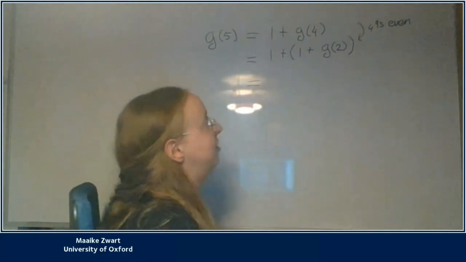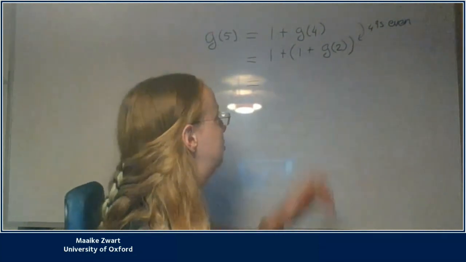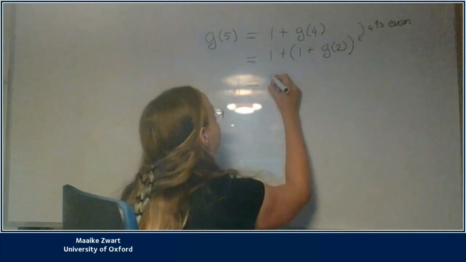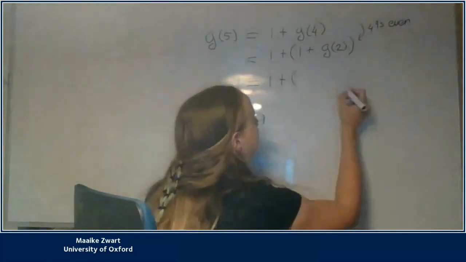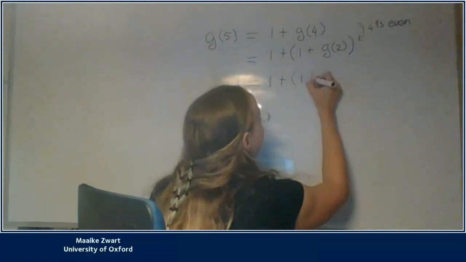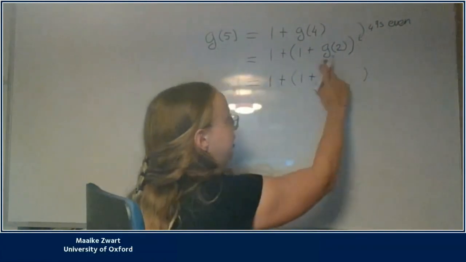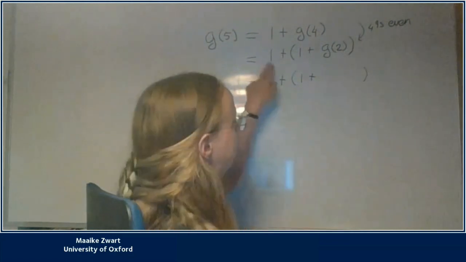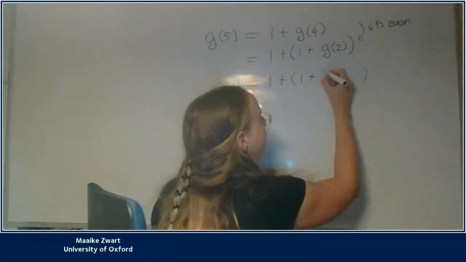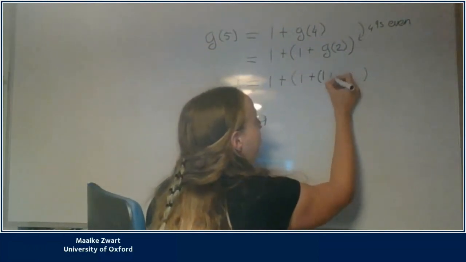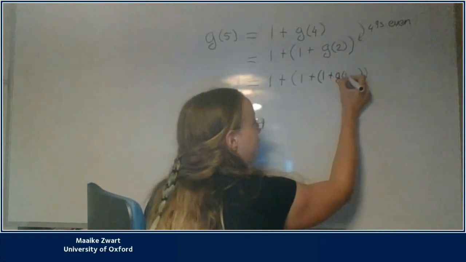And I'm just going to continue, breathe in, breathe out, copy my structure. 1 plus 1 plus something. And now g2. I've copied the structure around and I'm going to do g2. Well, that is 1 plus g of 1.